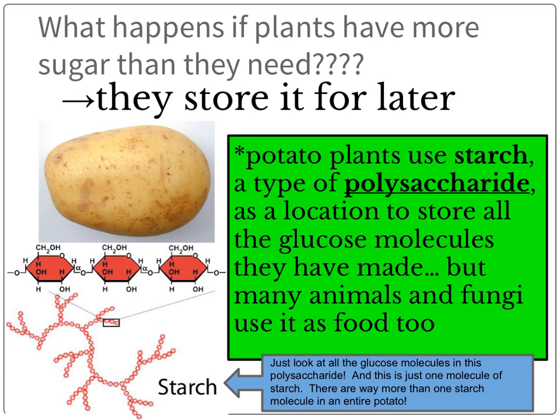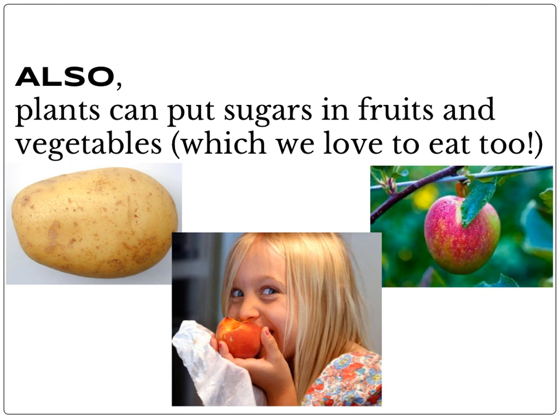Just look at all those glucose molecules in that polysaccharide. And this is just one molecule of starch, and there are way more than one molecule of starch in an entire potato. Also, plants can put sugars in fruits and vegetables, which we clearly enjoy too.